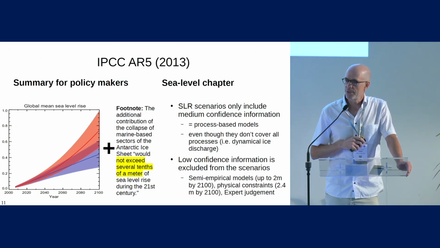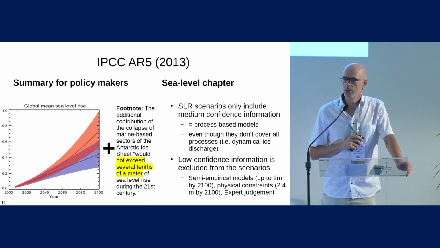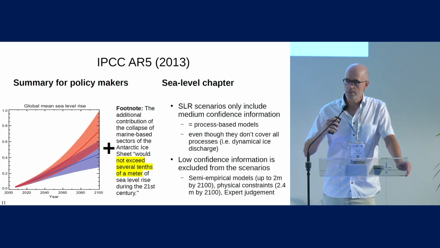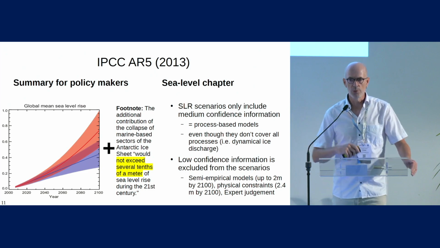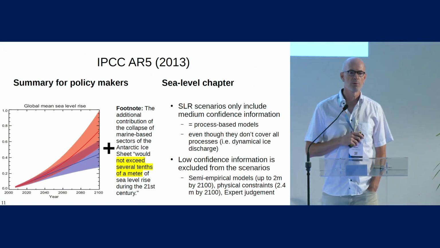And it also said there is low confidence information, such as the semi-empirical models, which at that time were very prominent. Well, there was this Pfeffer et al. paper on the physical constraints, reckoning, I think, 2.4 meters of possible overall sea level rise, including the contribution of Antarctica during the 21st century.